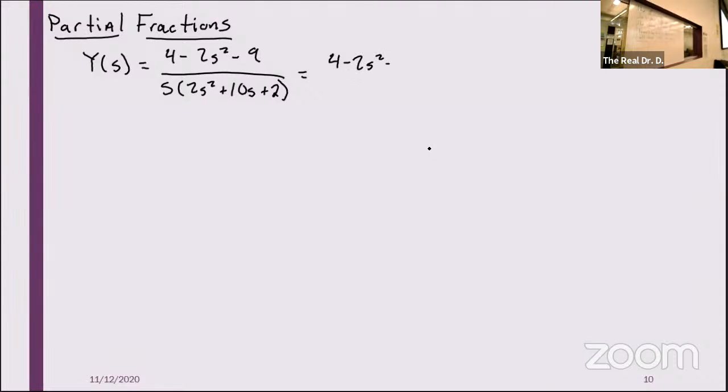I will pull a 2s, and I'm pulling 2 out from all of these terms, because there's a 2 in all of those terms. That's going to be s squared plus 5s plus 6 on the inside. If I factor s squared plus 5s plus 6, I'll get s plus 2 and s plus 3.